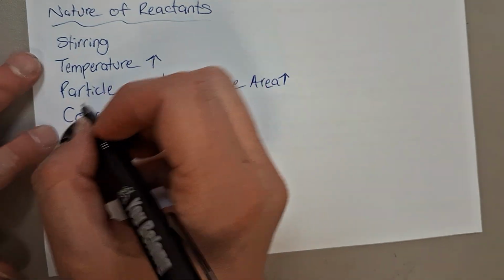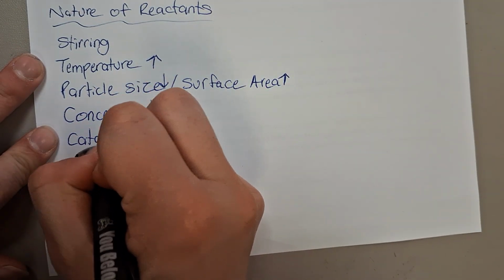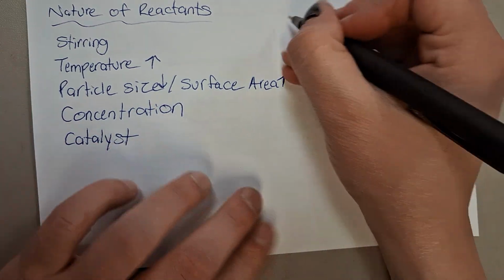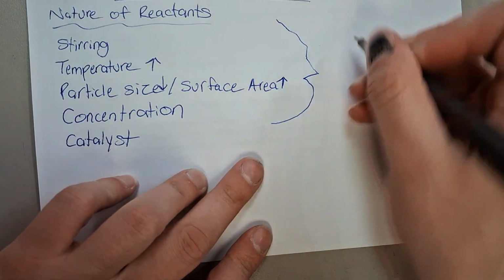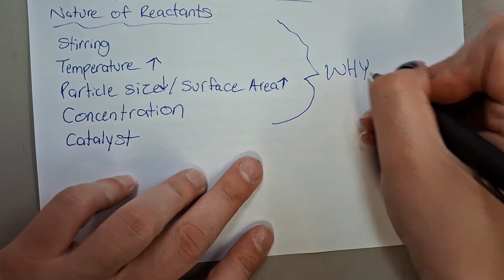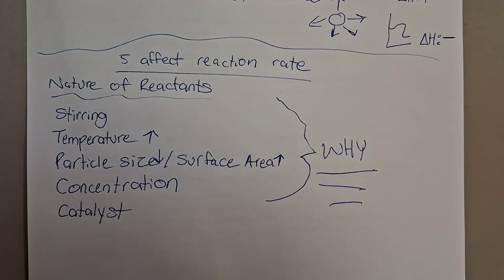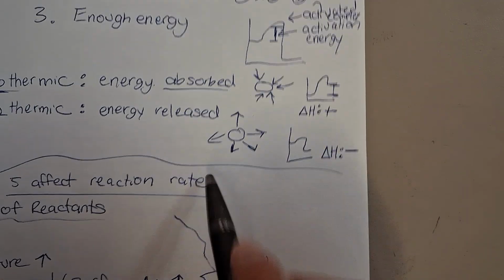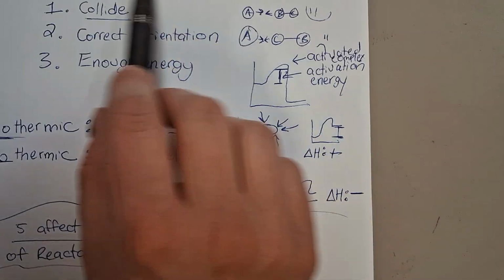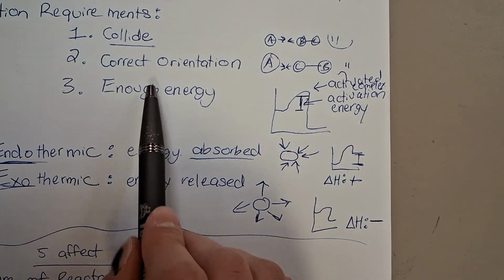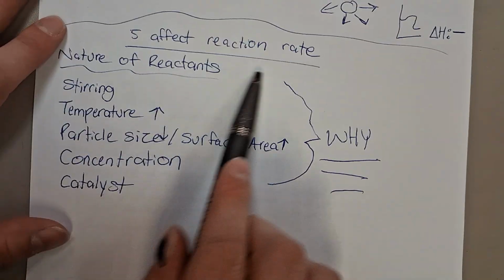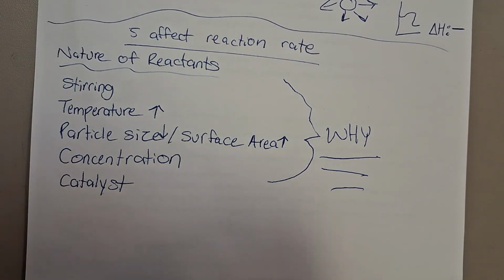And last but not least is the presence of a catalyst. So again, what we really want to emphasize here is the why. And we all went over in class in a lot of detail why these things speed up a rate of reaction. So if you need a reminder, look in your notes. But if you didn't write them down, you are all smart enough to think, okay, thinking of these 3 things, the collision, orientation, and energy, why do these 5 things make a reaction go faster?